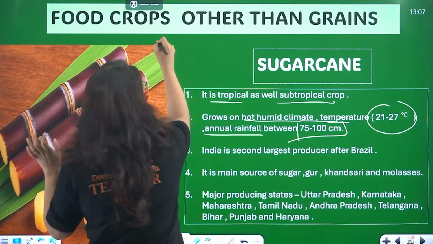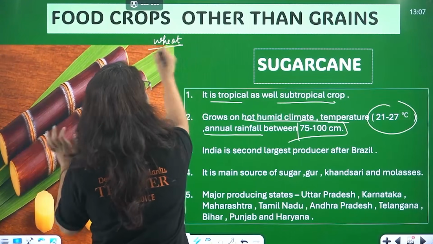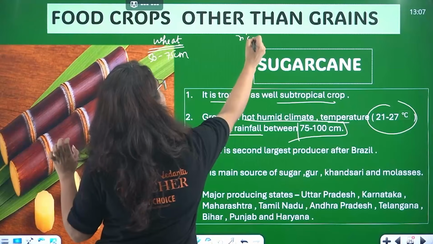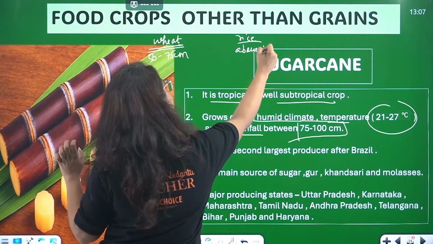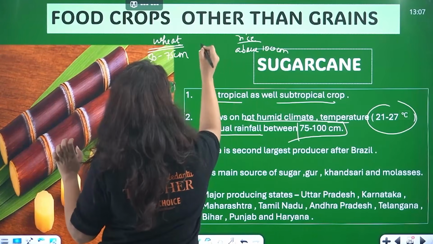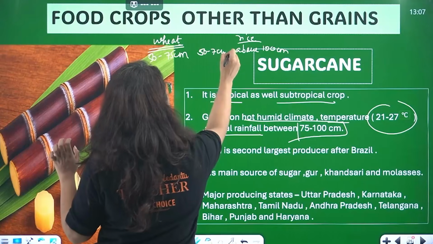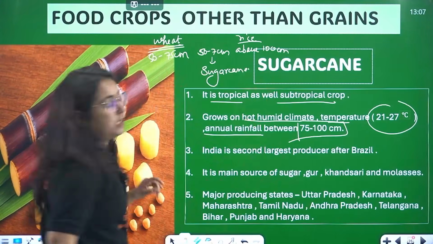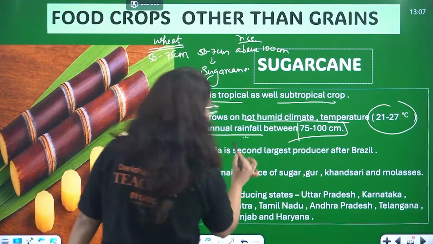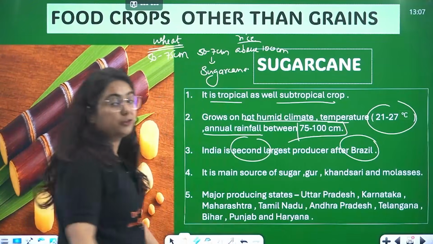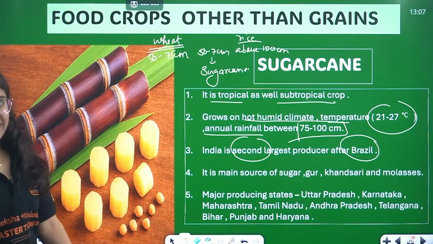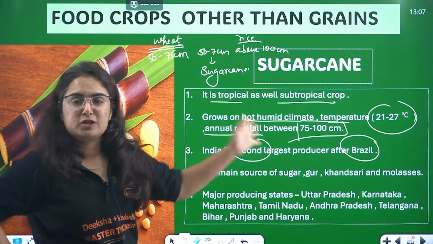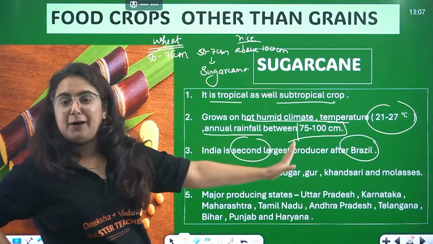India is the second largest producer of sugarcane after Brazil. Here it is not China, so pay attention.